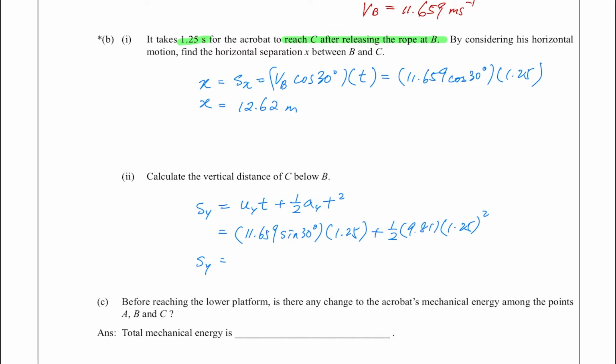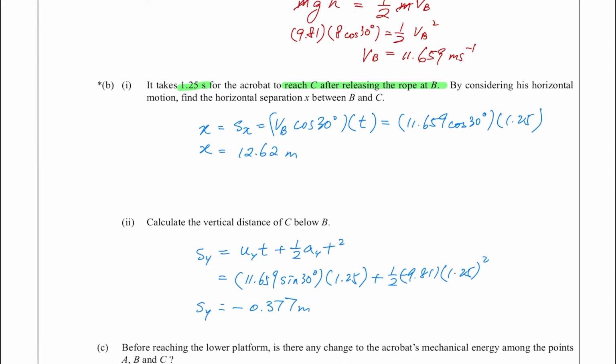So this will give us negative 0.377 meter.